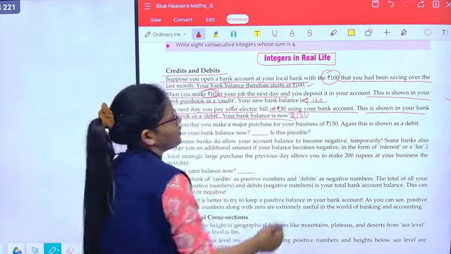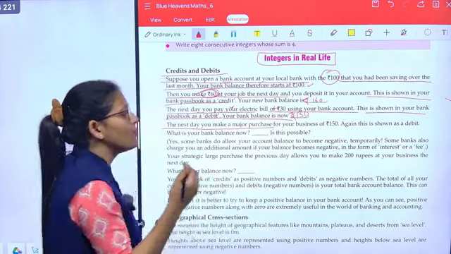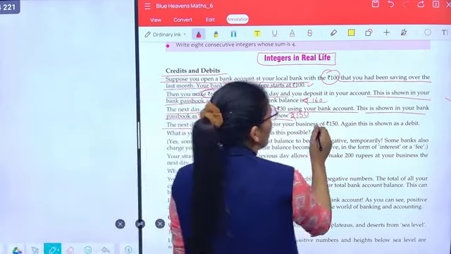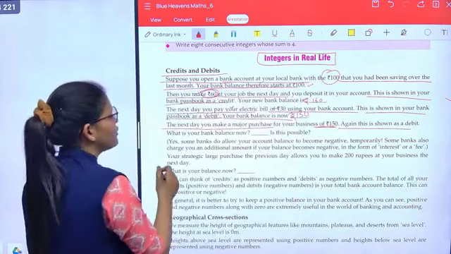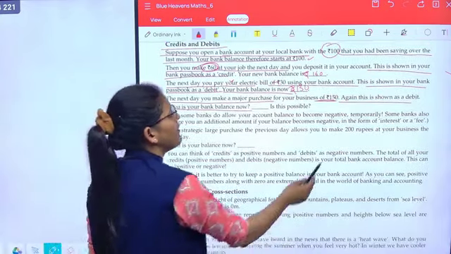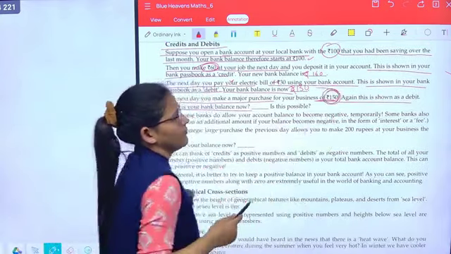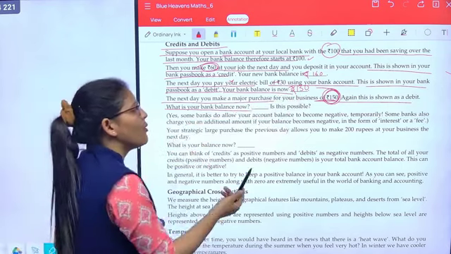We used 30 rupees here. The next day you make a major purchase for your business of 150 rupees. Again this is shown as a debit. What is the bank balance now? Now here you spent 150 rupees, but your account has 130 rupees. How? It is not possible.